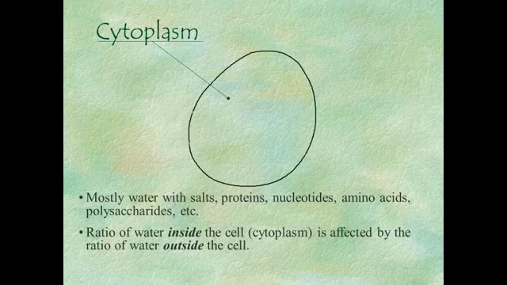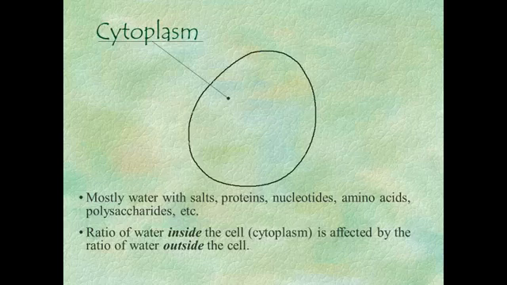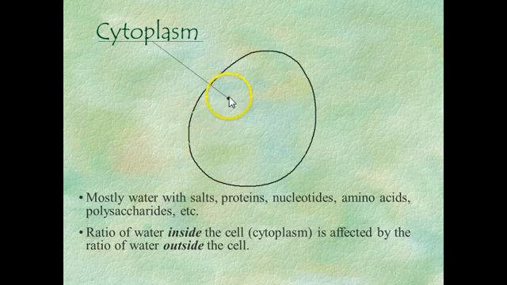Another important thing to understand about the cytoplasm is that there is a ratio of water to this stuff that's dissolved in it. And the ratio of that water in the cell needs to be fairly constant. And it's affected by the ratio of water outside the cell. Another way to think of this is if it dries up outside the cell, conditions get dry, then water is going to leave the cell.